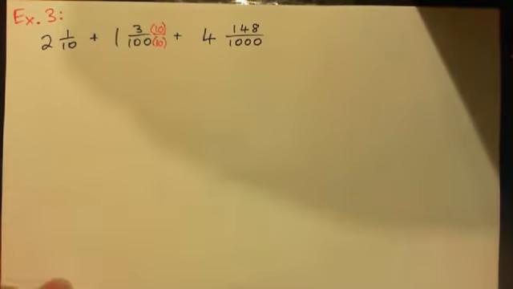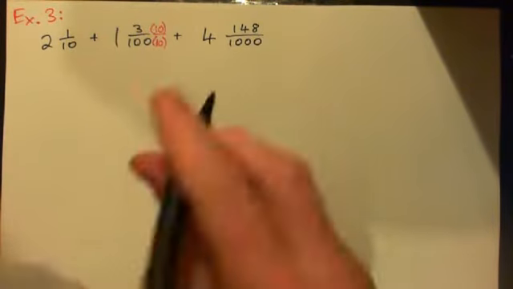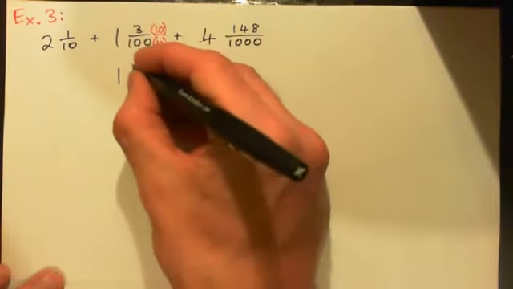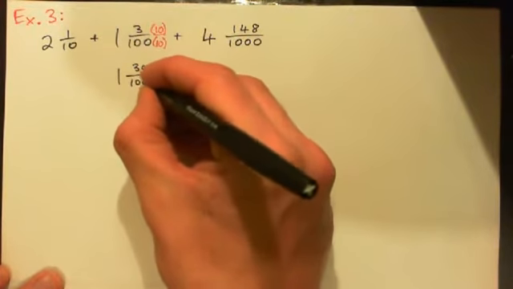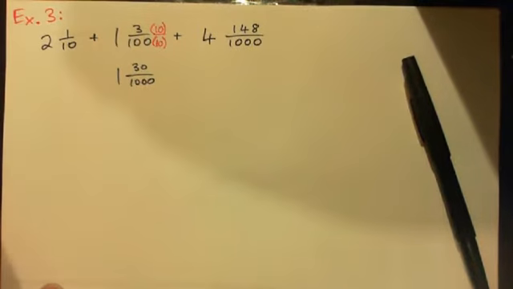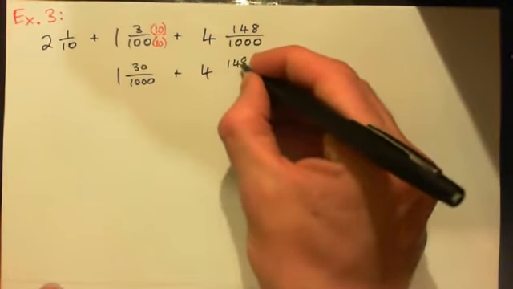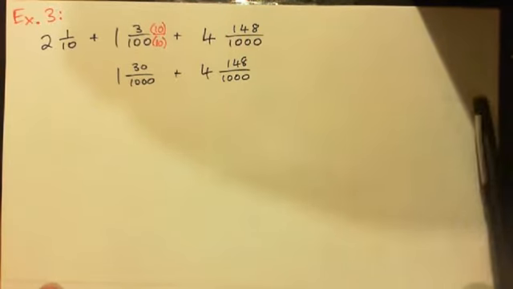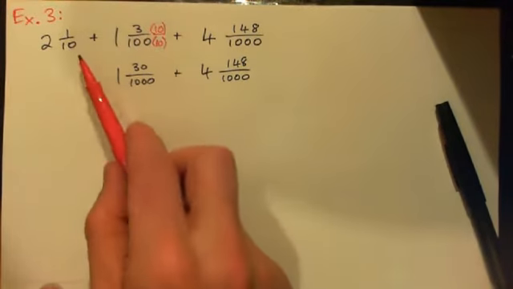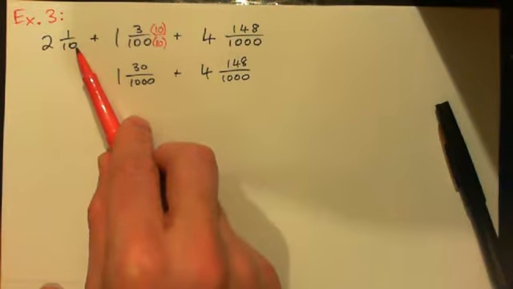I guess I could write that out. This is 30 thousandths, right? And okay, we'll just write this one out here. 4 and 148 thousandths. And how about this guy? How do I turn him into 1,000 on the bottom?